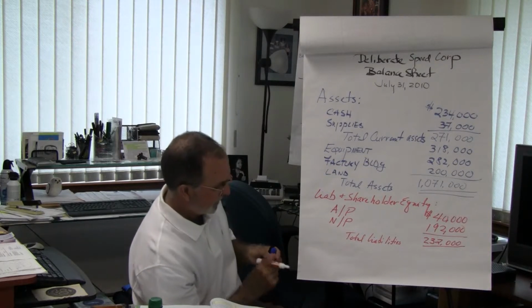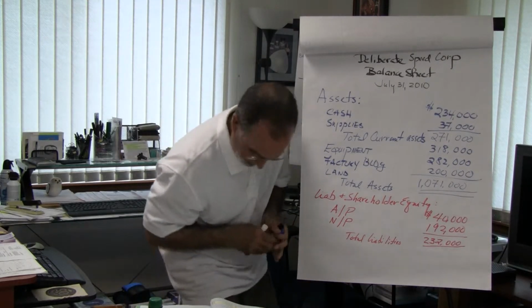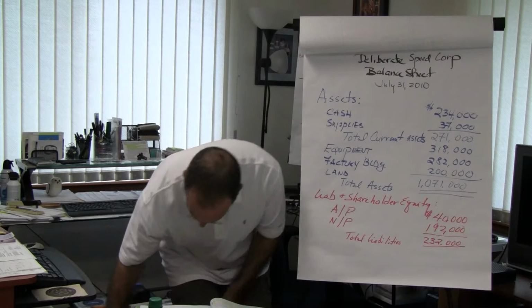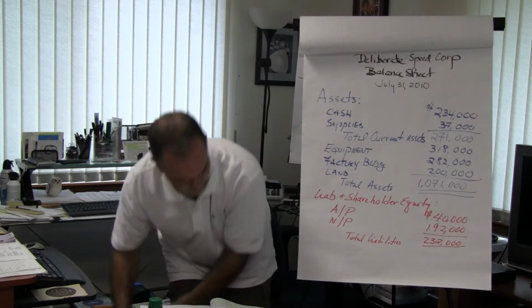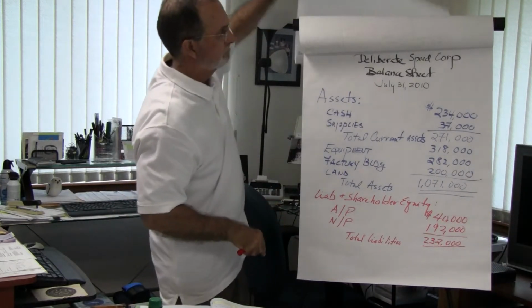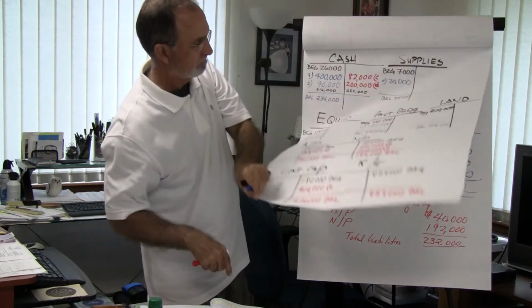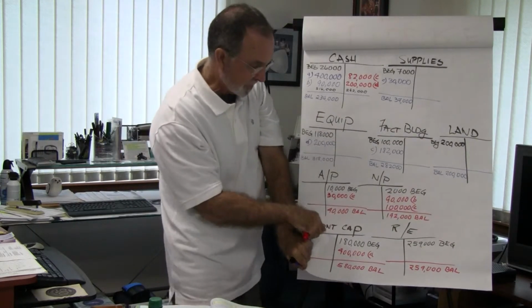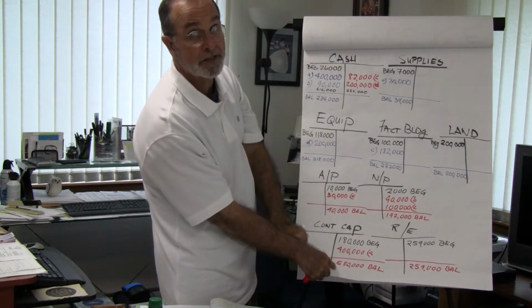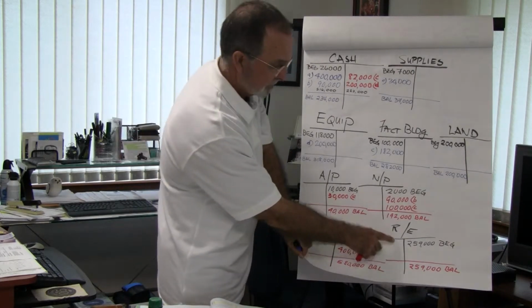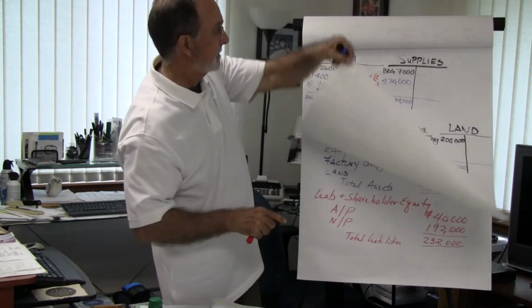followed by our equity accounts. We have two equity accounts. Contributed capital at $580,000 and retained earnings at $259,000.